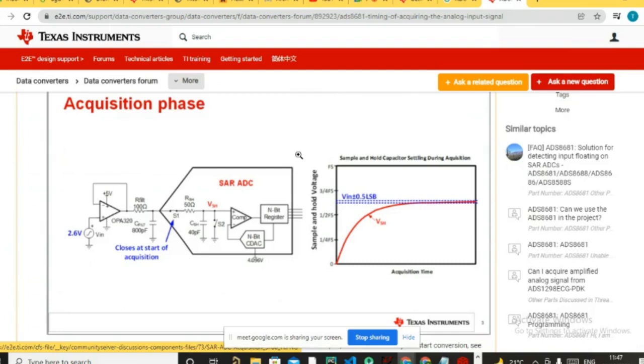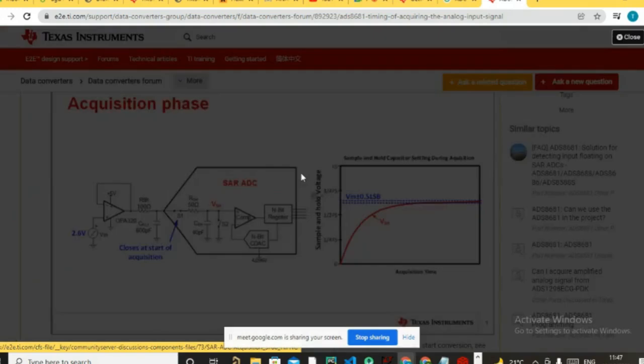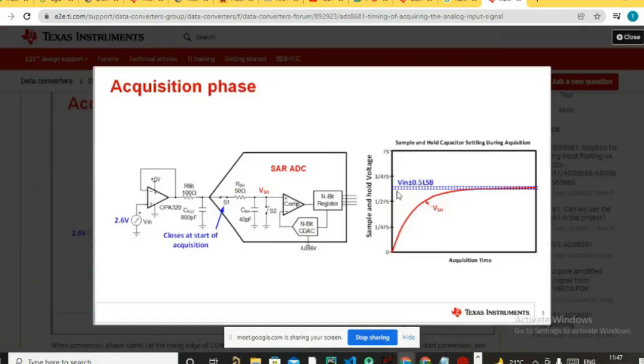In the first step it will be 1 by 2 of your MSB, then 1 by 4, then 1 by 8, 1 by 16, 1 by 32. Like this 5 steps will be there to convert your 5 volt into different voltage steps. So that's what the resolution of an ADC is. The 0.5 of whatever least significant bit of that particular conversion will be there.